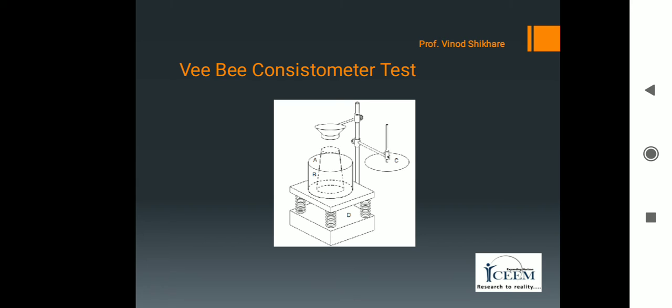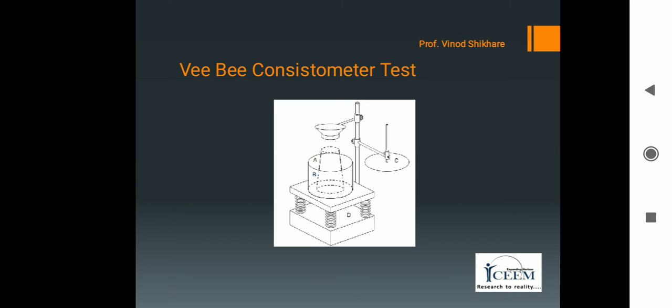Moreover, this test is advantageous compared to the slump or compaction factor test, in the sense that the treatment given to concrete is very close to the actual treatment provided in the field.